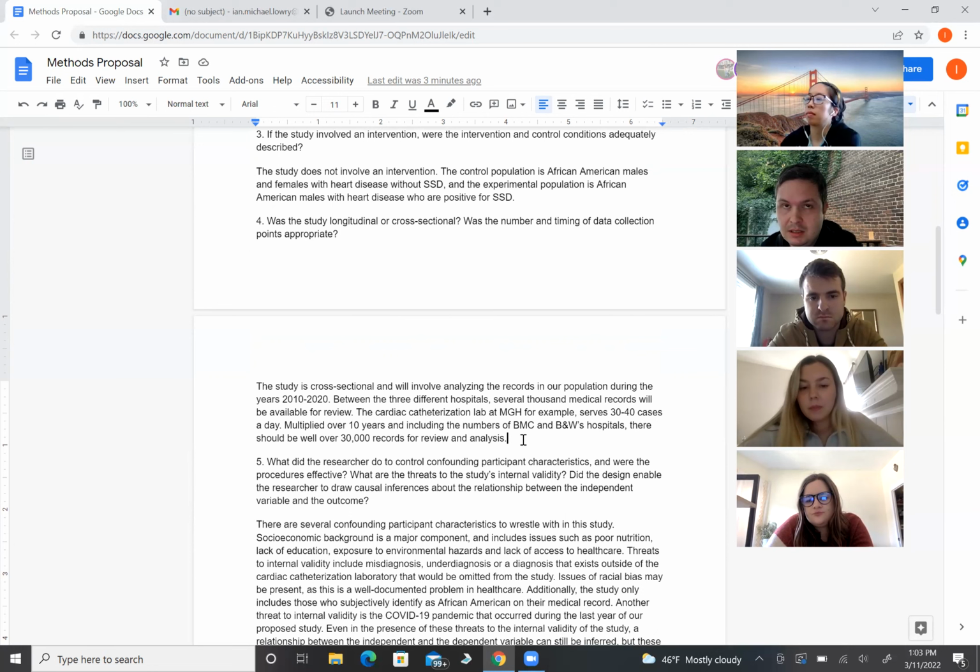And that's going to contribute to how powerful our analysis is actually going to be. Yeah, exactly. But I think looking at a 10-year span of individual cases will give us plenty of data for this study.